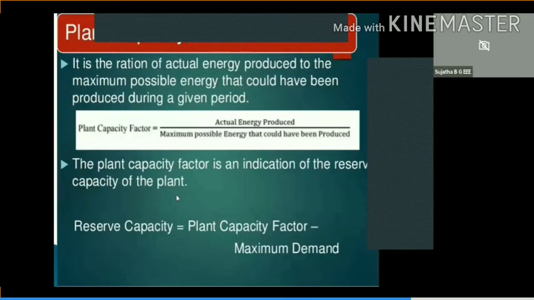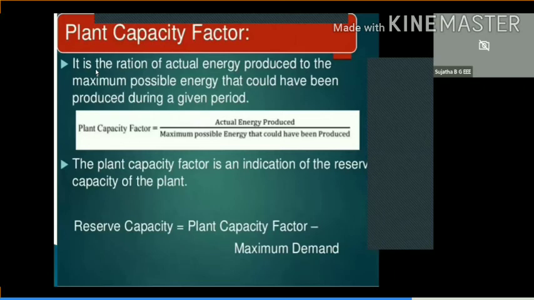Then we also have to understand what is plant capacity factor. It is the ratio of actual energy produced to the maximum possible energy that could have been produced during a given period. A plant may have more capacity, but we generate energy based on the demand.